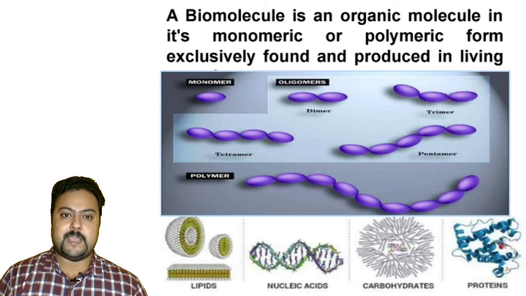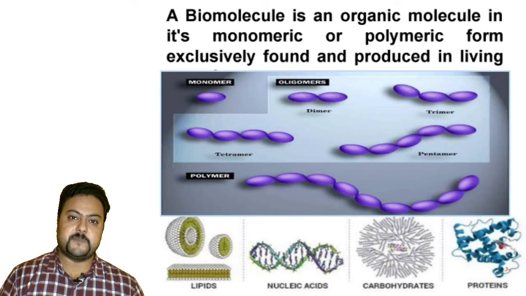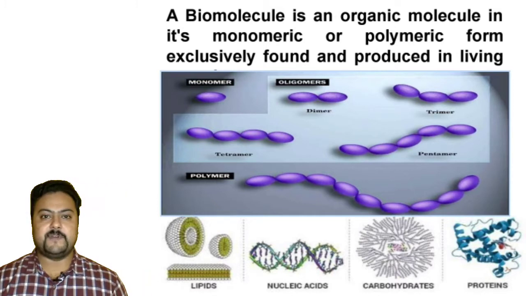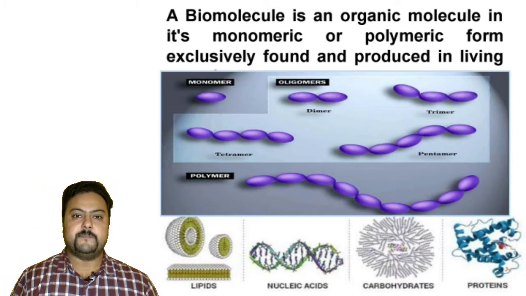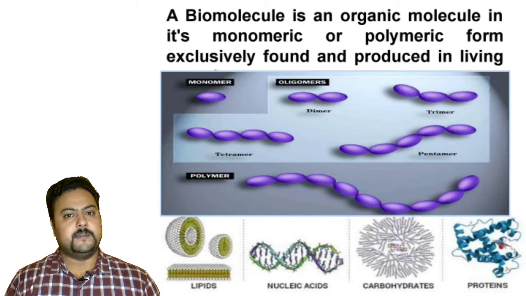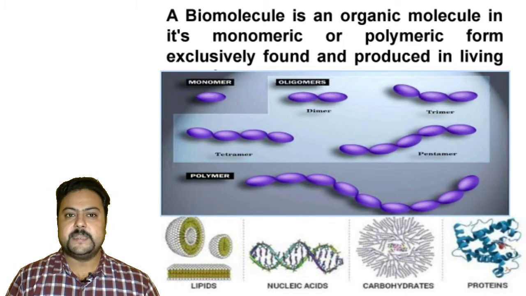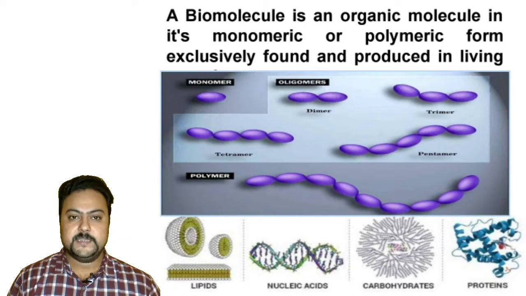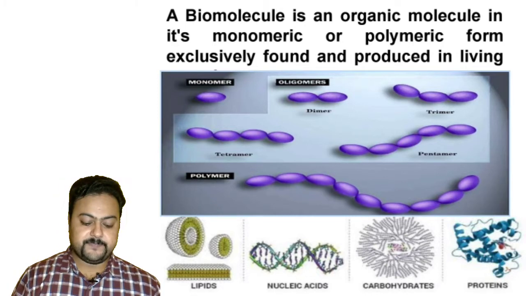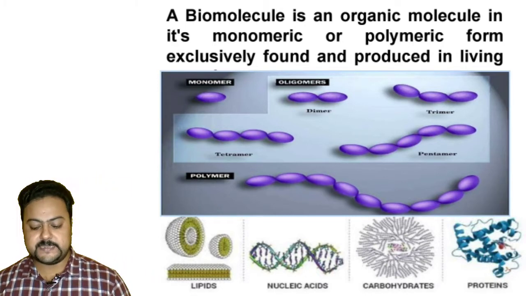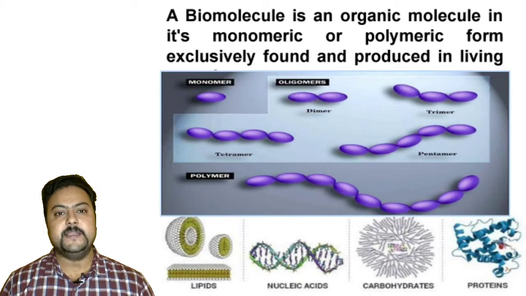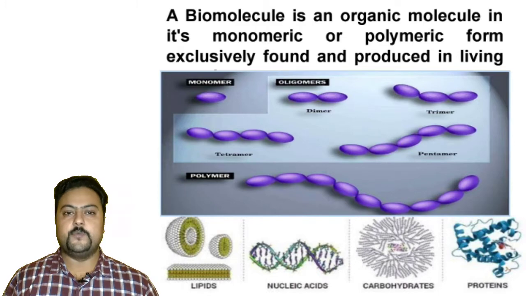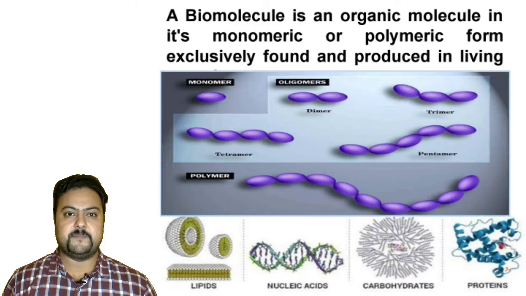And we can have 4 units as a tetramer, we can have 5 units as a pentamer, and we can have a long chain of biomolecules. It can be carbohydrates, it can be proteins. We have a general term for that. We call them polymers. So as I said, lipids, nucleic acids, carbohydrates and proteins, these are the primary biomolecules which are found in living systems, and now we are going to study them one by one.